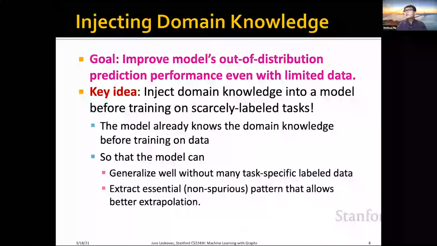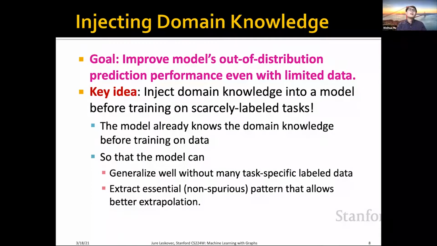Our key idea, given these challenges, is that we want to improve the model's out-of-distribution performance even with limited data. The way we do this is to inject domain knowledge into a model before we apply it on scarcely labeled tasks.